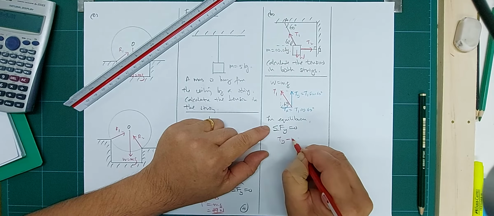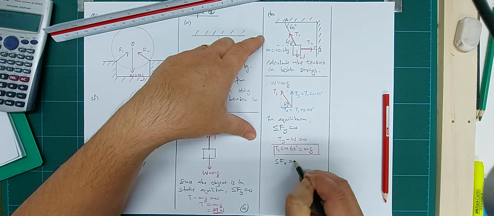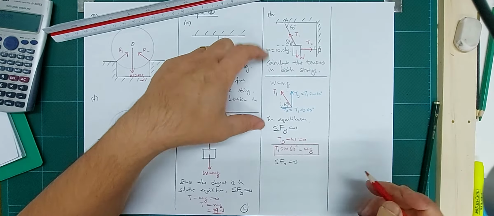With the first equation, you can calculate, or you can later replace them. Next, your T1 cosine 60 and T2 actually balance each other. That means the total horizontal forces must equal 0 as well.